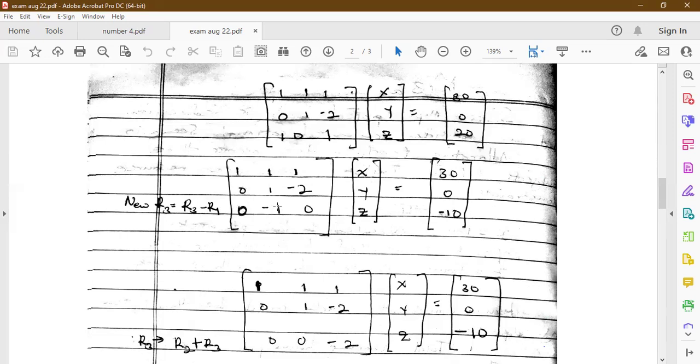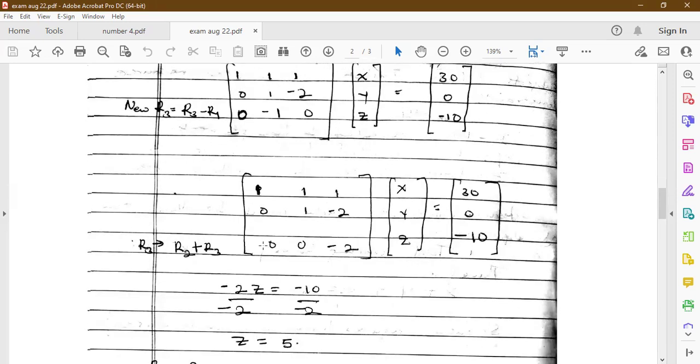So it means that even the coefficient of Y, which is -1, has to be 0. How can we make it? So we write again our matrix as we formulated it at first. 1, 1, 1, 0, 1, -2, 0, then -1. How can we make this digit -1 a 0?